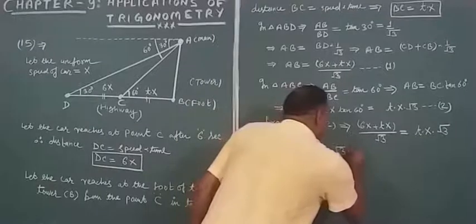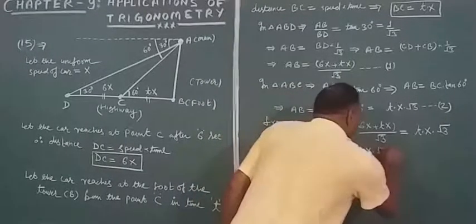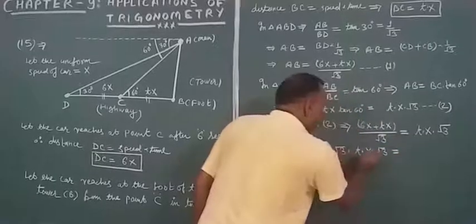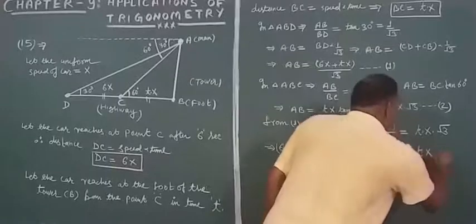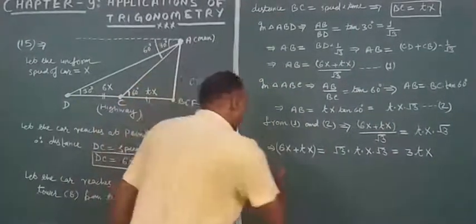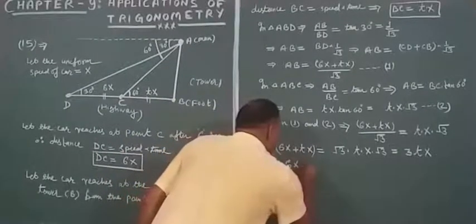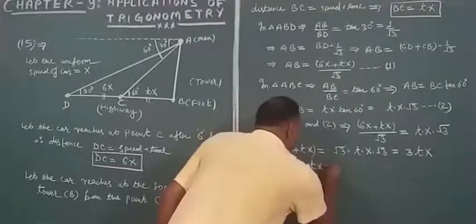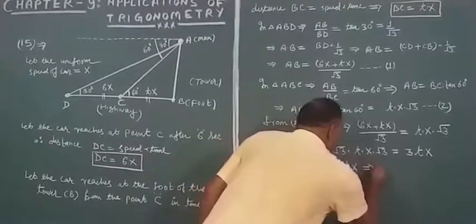Under root 3 into under root 3 is 3. So 6x plus TX is equal to 3TX.